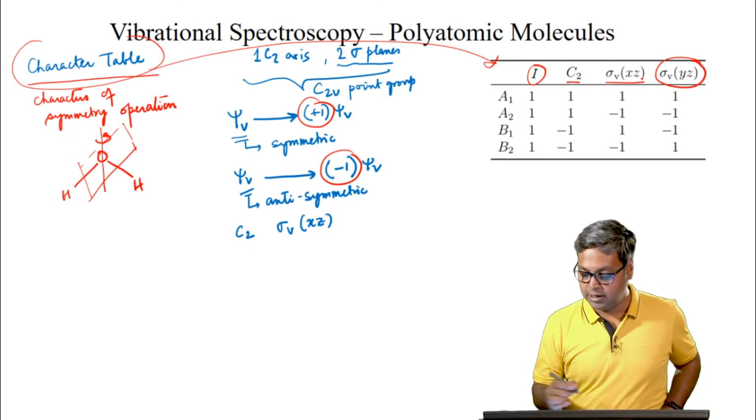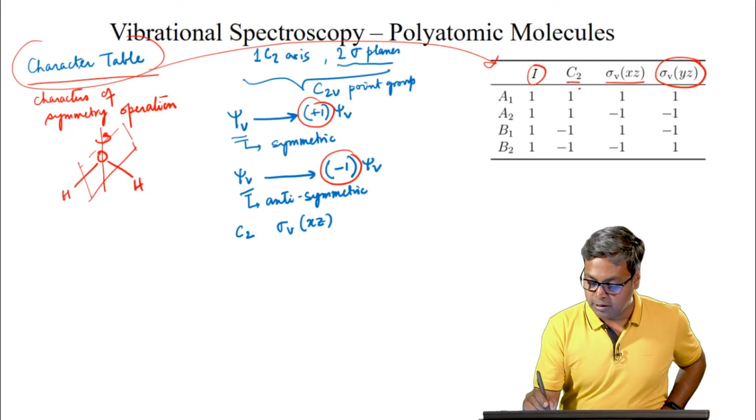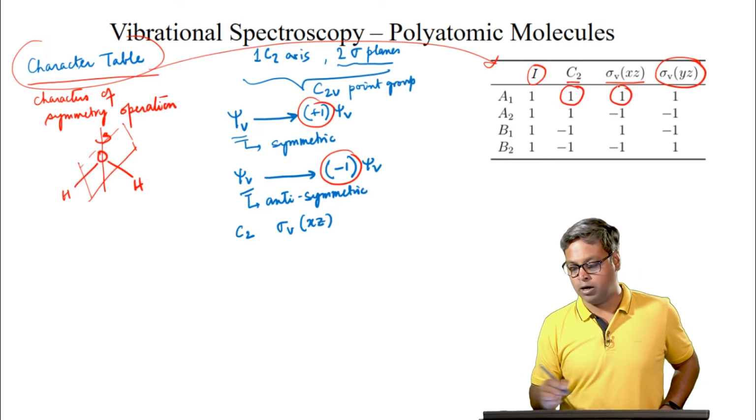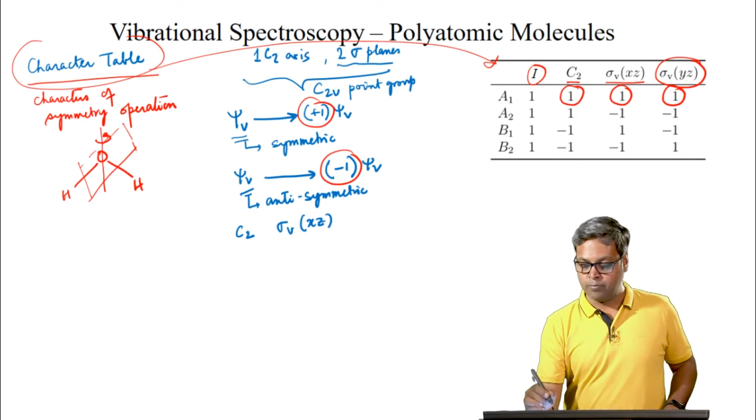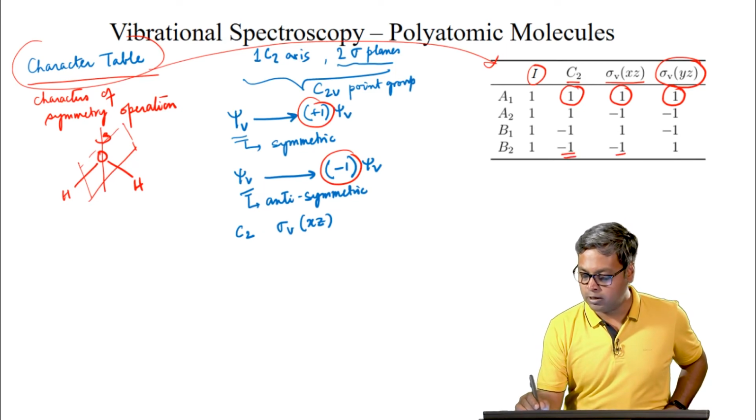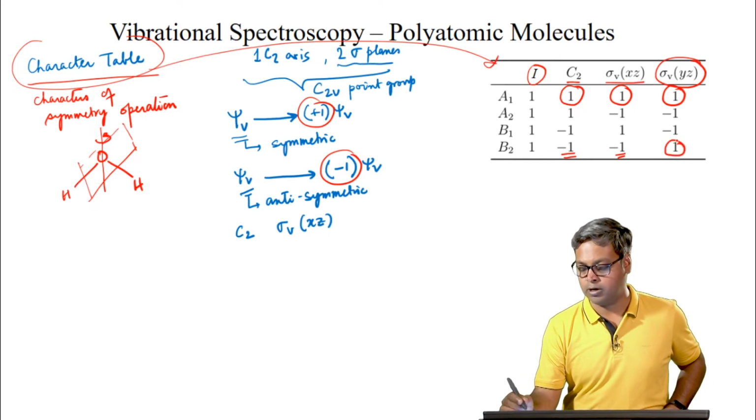So, we can see here that when C2 and sigma v xz both are plus 1, the sigma v yz is plus 1. When they are both minus 1, the product again is plus 1.